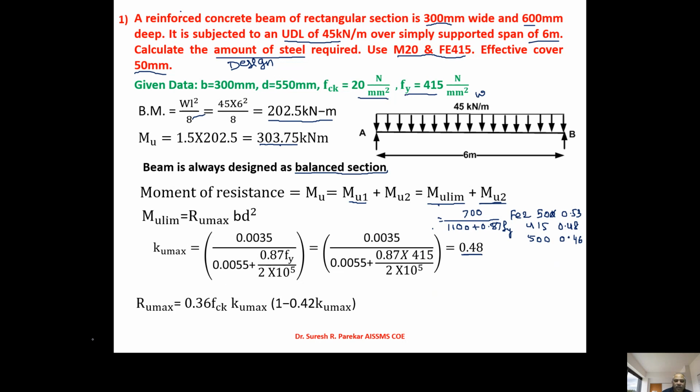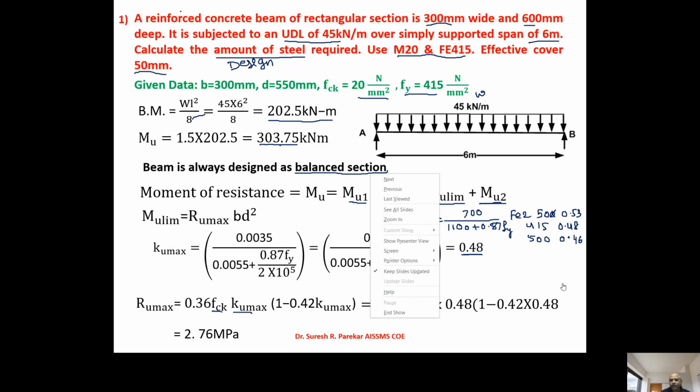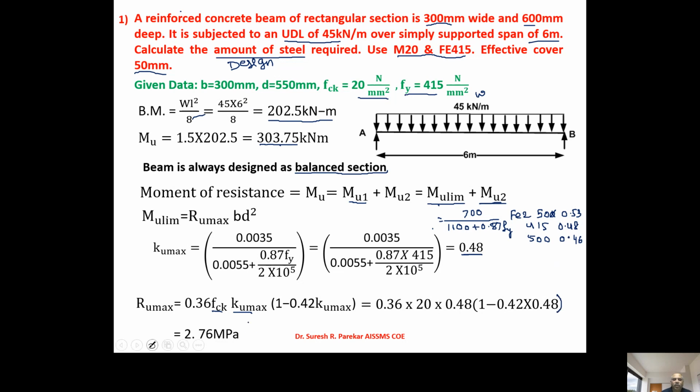Then from this we have Ru max. Now Ru max is 0.36 fck Ku max into 1 minus 0.42 Ku max. We substitute the values, fck we know, Ku max we know: 0.36, 20, 0.48, 1 minus 0.42 into 0.48, which gives the value of Ru max equal to 2.76 MPa, that is Newton per mm square.